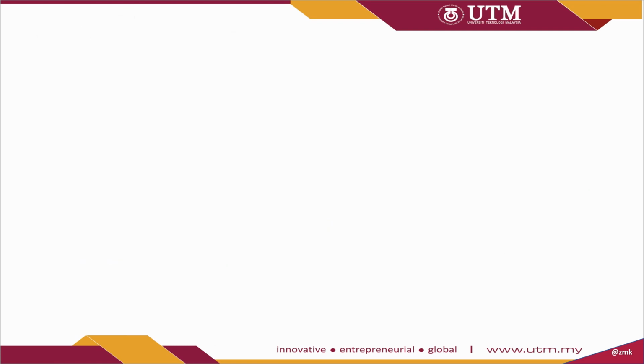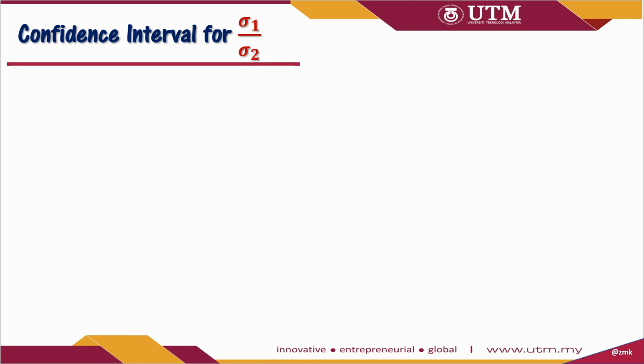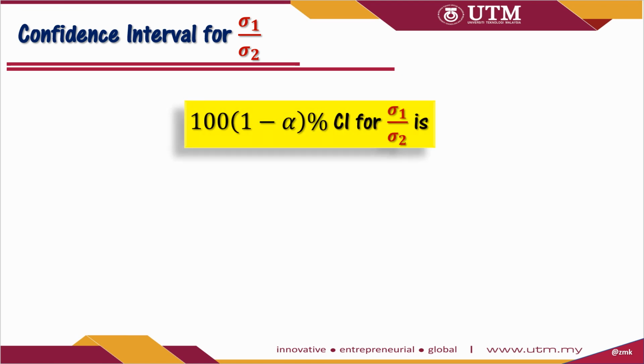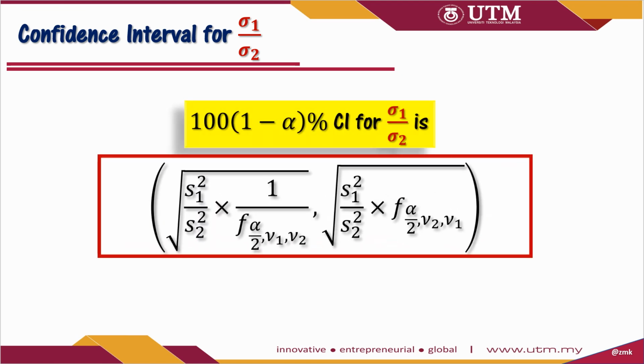Having constructed a two-sided 100 times 1 minus alpha % confidence interval for the ratio of two unknown population variances, we can then obtain a two-sided confidence interval for the ratio of two unknown population standard deviations at the same degrees of confidence, given by this expression.